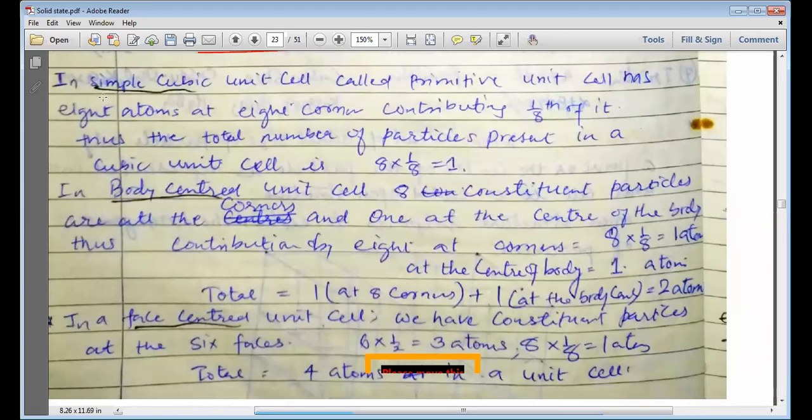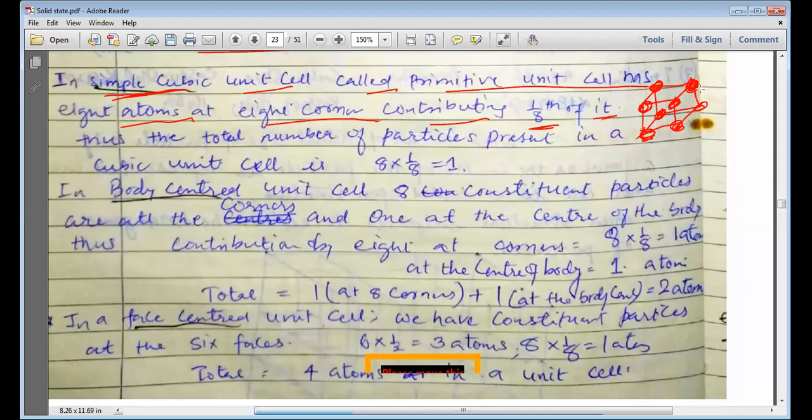Now, if we look into the simple cubic kind of unit cell, called the primitive unit cell, we have 8 atoms at 8 corners, each constituting 1/8 of it. So in a primitive unit cell, we have 8 particles at all 8 corners, my dear students. The particle present at each corner has only 1/8 of it present in the unit cell.